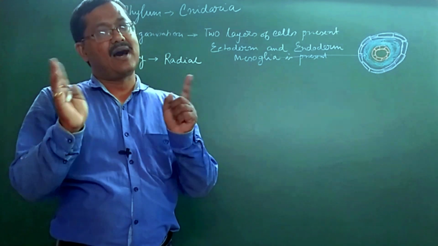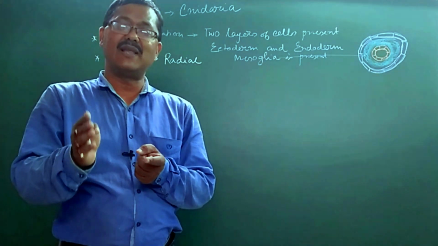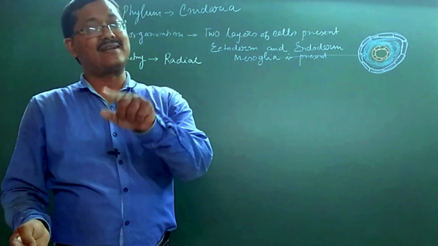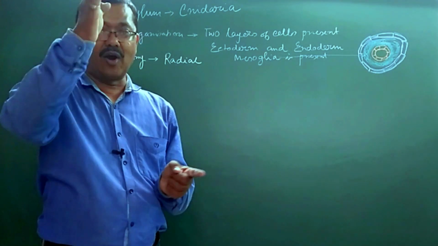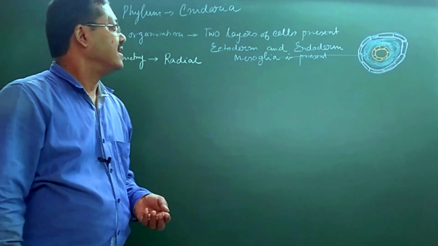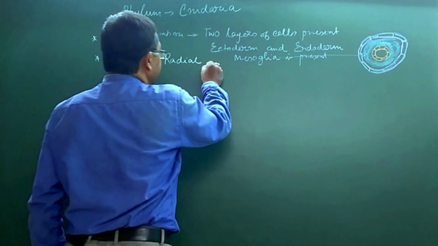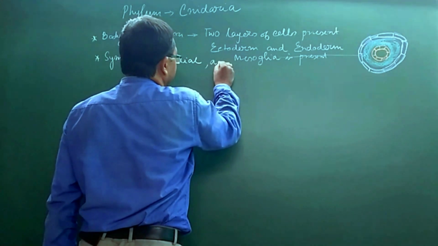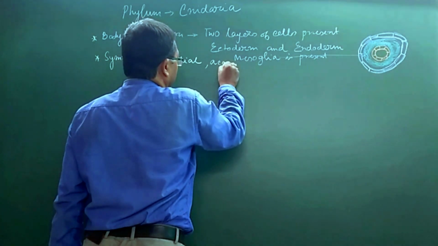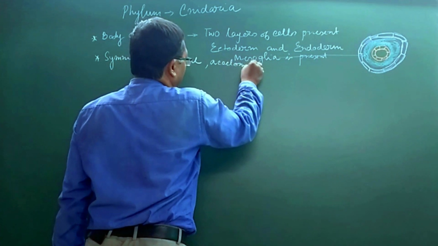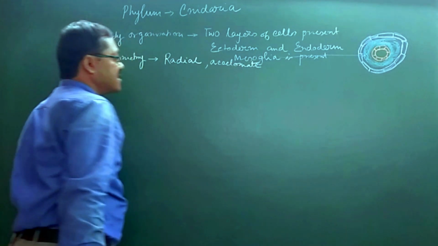Each body part is similar to the other body parts originating during the longitudinal dissection. This is radial symmetry, and the body is also acoelomate. Coelom is generally absent.